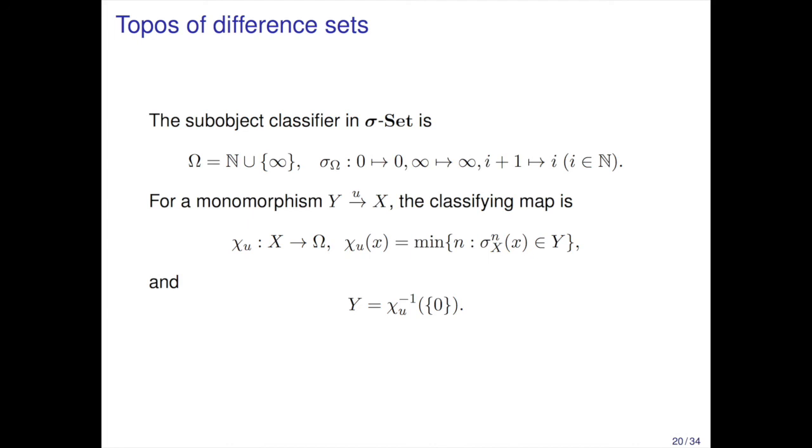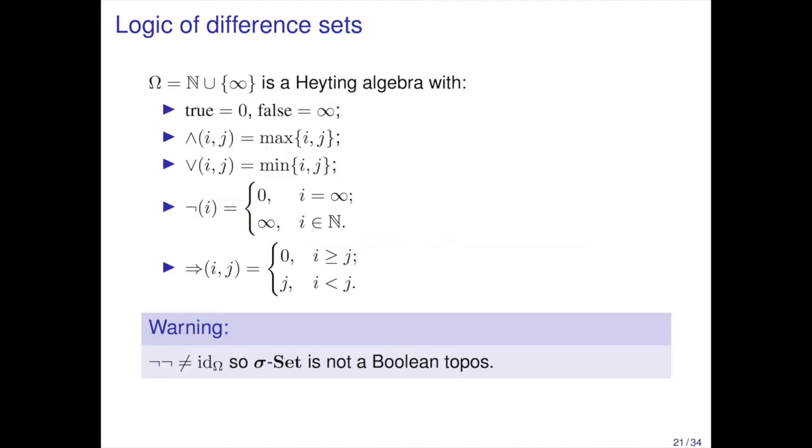Now, in any topos, this subobject classifier serves as an object of truth values for the internal logic of that topos. Let me show you what this logic looks like in difference sets. True is 0, false is infinity, and of i and j is the maximum, or is the minimum, since the order is the reversed natural order.